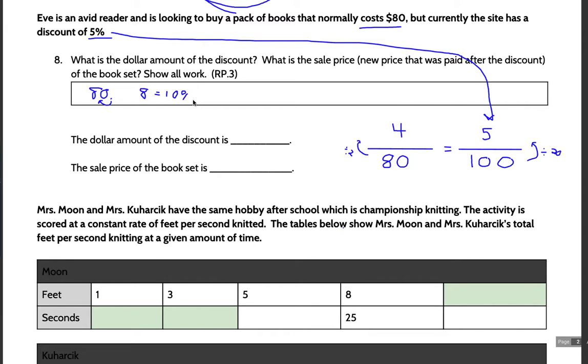So if you figured out that 8 was 10%, then 5% would just be half of it. So that would be 4. So that's another way you could do this. But the dollar amount of the discount is $4. And that means that the sale price would be $76. If you save $4 and it normally costs 80, you're paying 76.